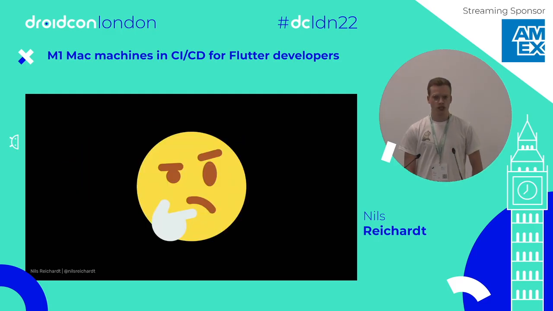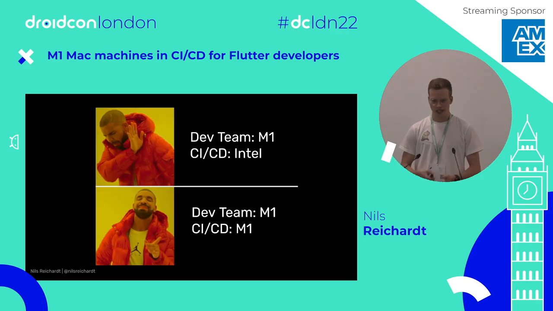But now the question is, why should I use M1 in CI/CD? There are some advantages when you're using M1 in CI/CD. The first thing is that it's a very good pattern to use the same architecture that your dev team is using also in CI/CD. Why? Because we just saw that if you follow this approach, you wouldn't get the issue I showed you with the golden test.